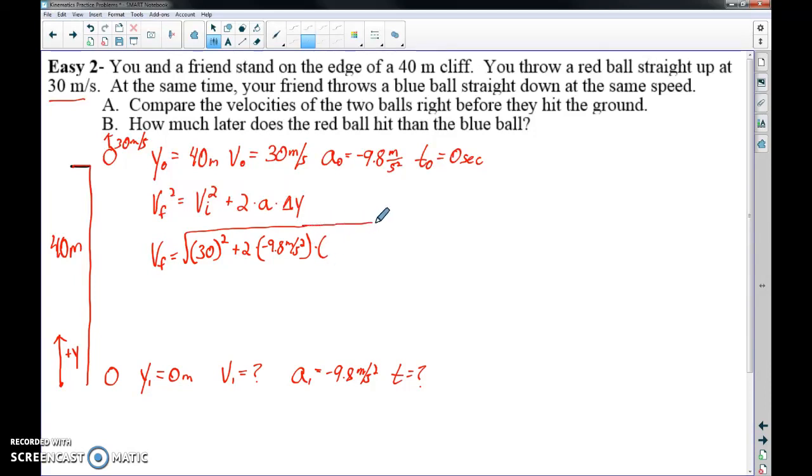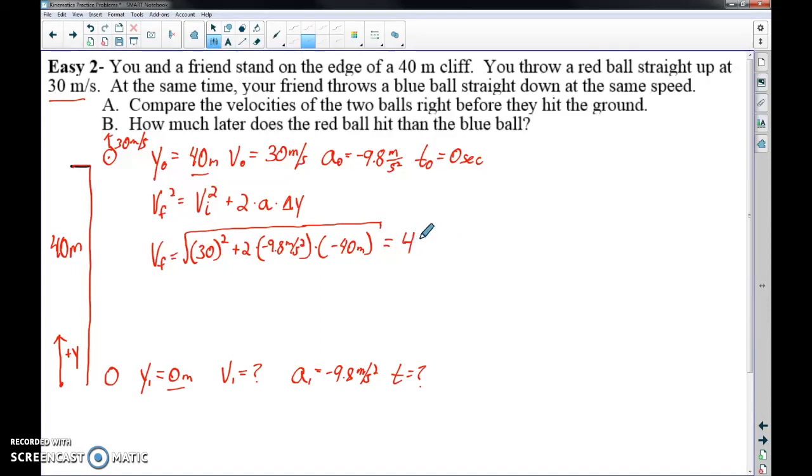Now my displacement, you want to look where we start and where we end. We have a negative displacement, final minus initial, so 0 minus 40 gives me a negative 40 meters. That causes both these negatives to cancel, so I can take the square root.